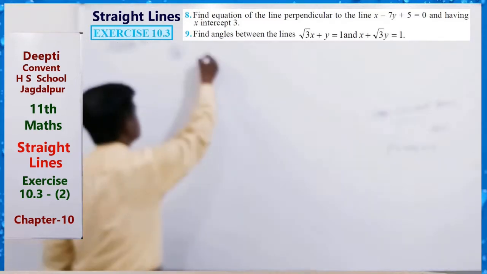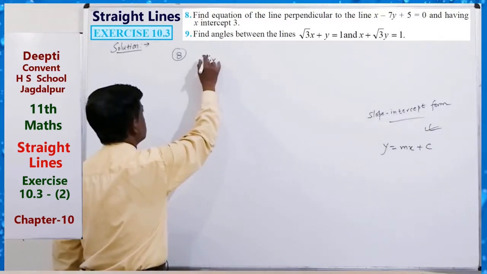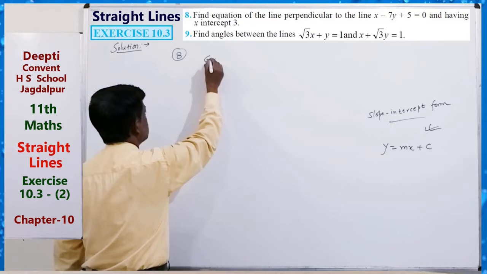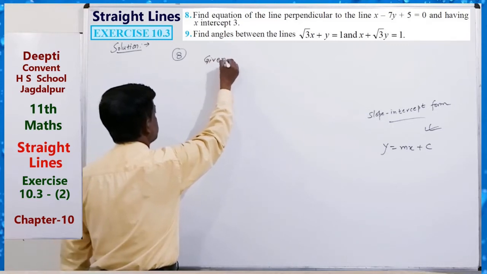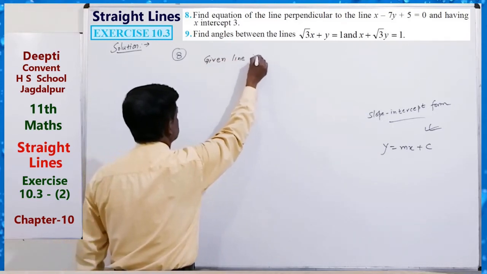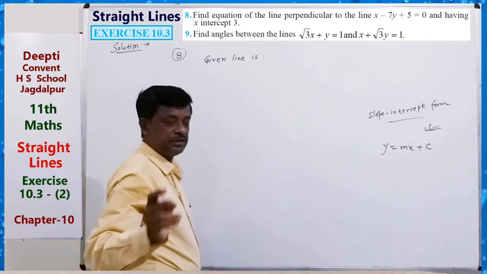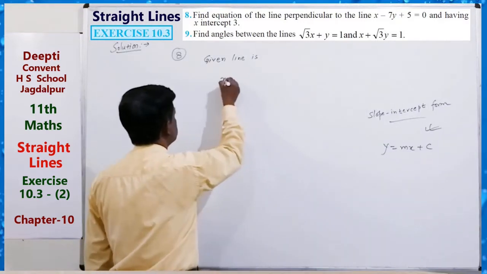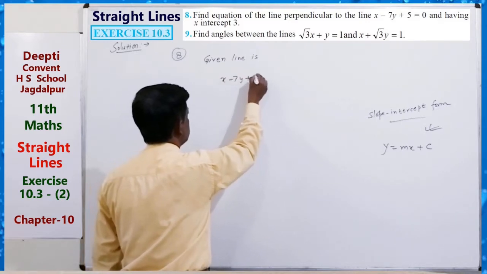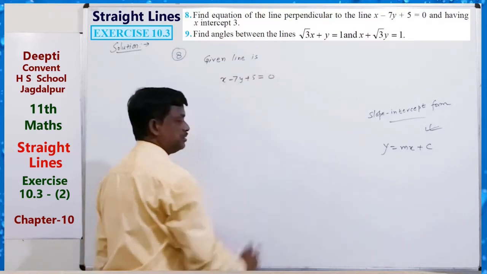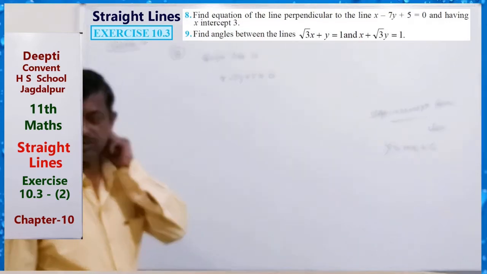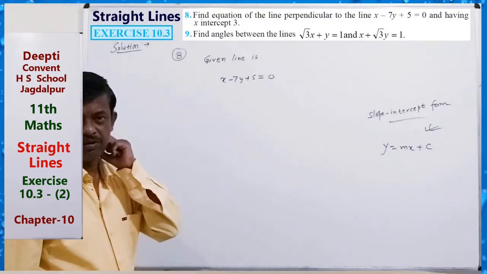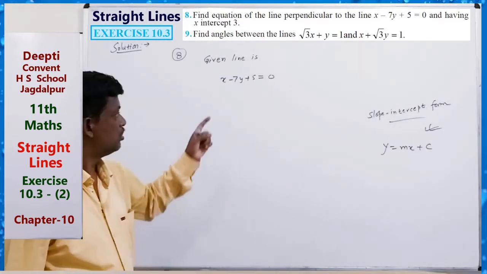So the given line is x minus 7y plus 5 equals 0. This is the given line. Now our required line is perpendicular to this line.